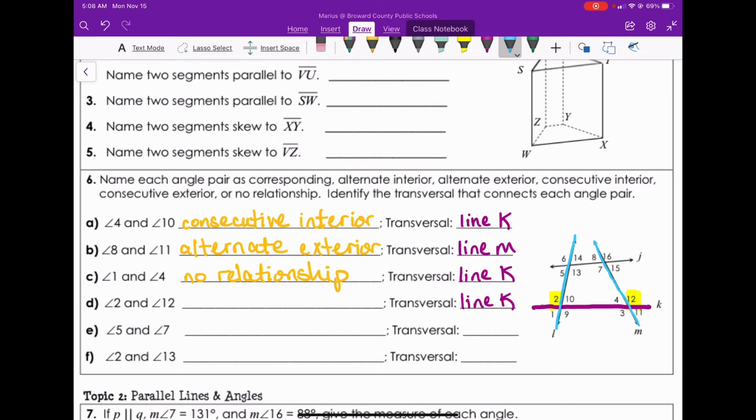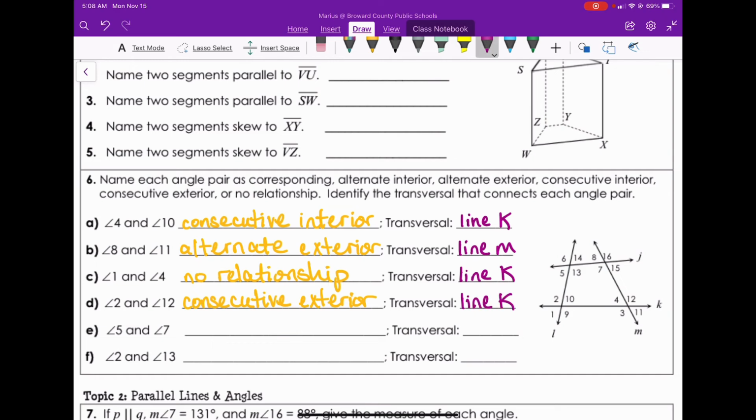They're not between. So outside makes them exterior. And we said that they're on the same side of line K, which makes them consecutive. So 2 and 12 are what we call consecutive exterior angles. Okay. Oops, erased too much.